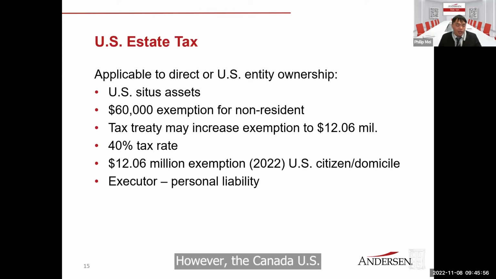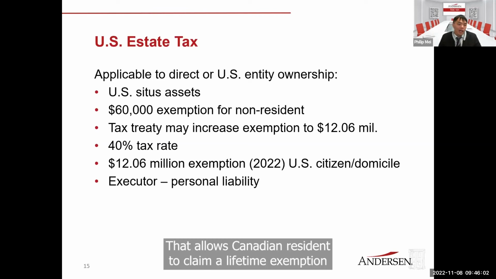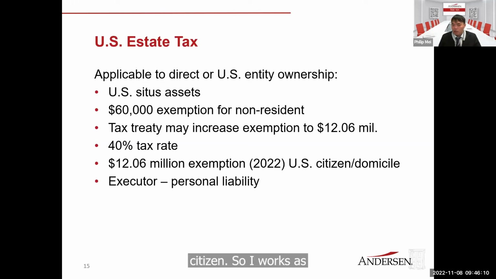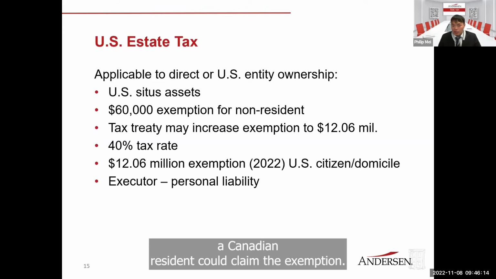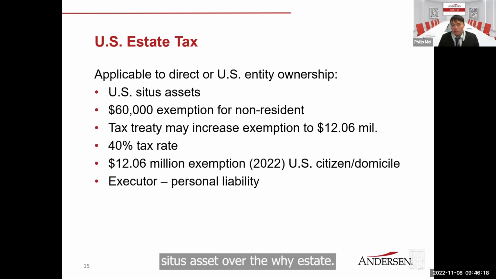However, the Canada-US tax treaty does provide some relief for Canadian residents that allows Canadian residents to claim a lifetime exemption equal to the one available to a US citizen. So how it works is a Canadian resident could claim the exemption. They prorate the exemption based on the US situs assets over the worldwide estate.